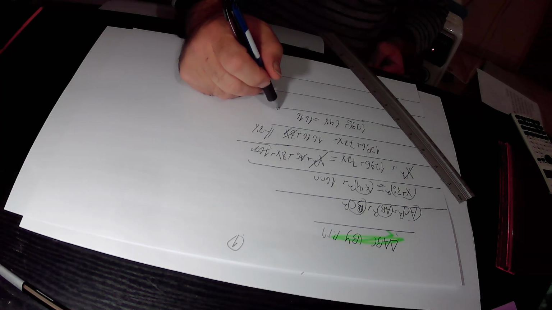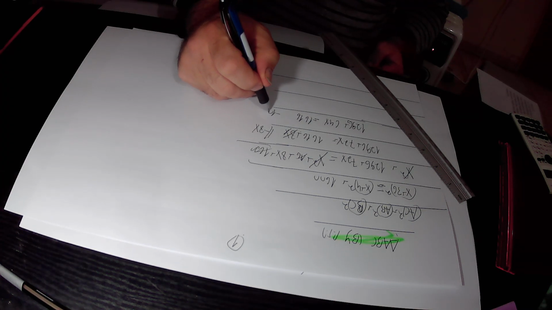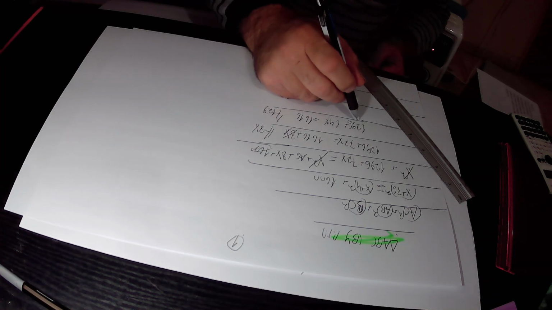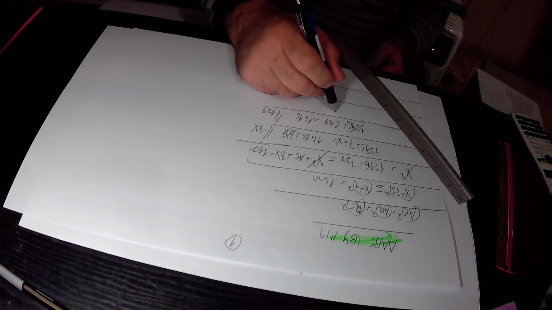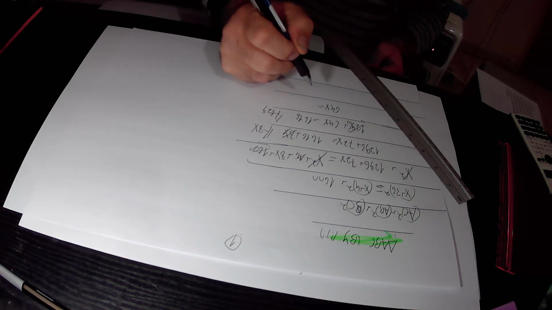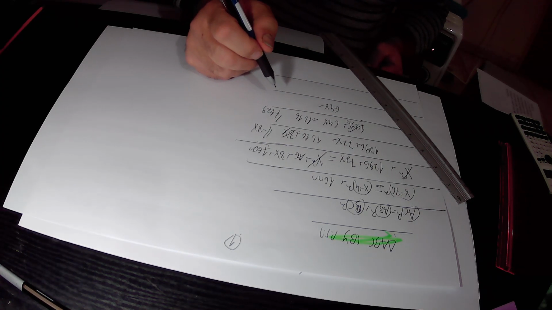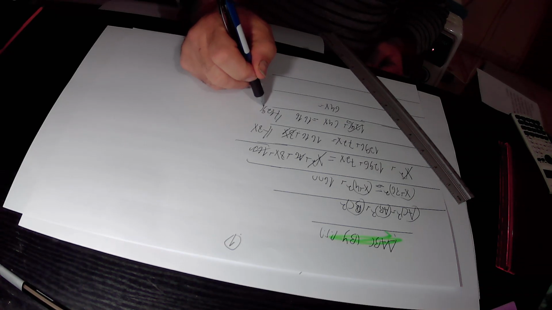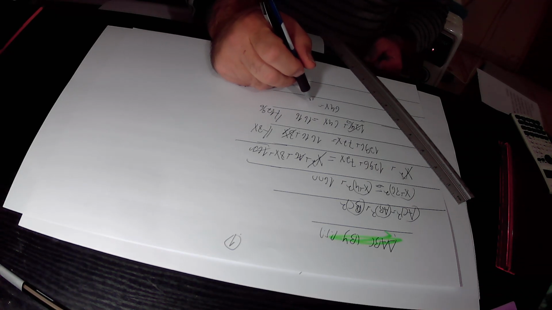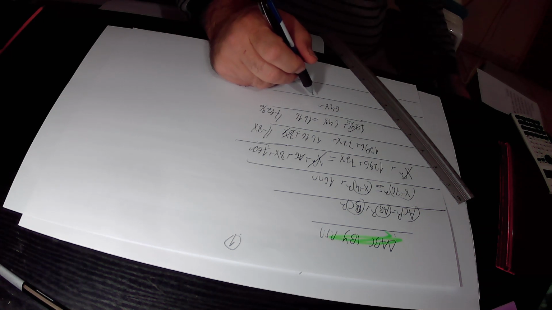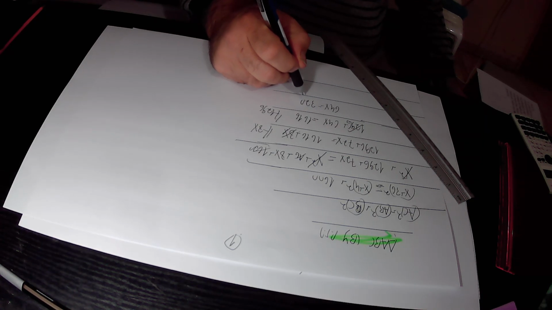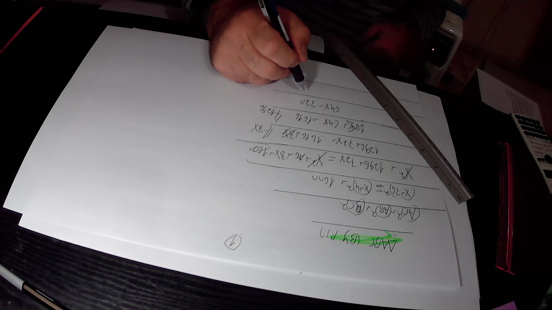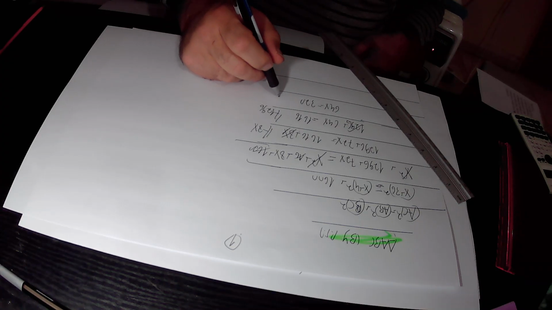Here we subtract 1296 from both sides. So 1296 cancels and we are left with 64x equals 1616 minus 1296, which equals 320. Here we divide this equation by 64.